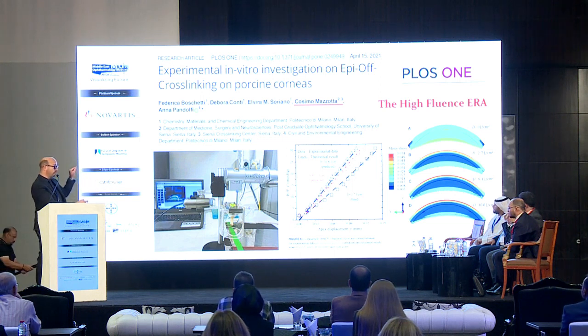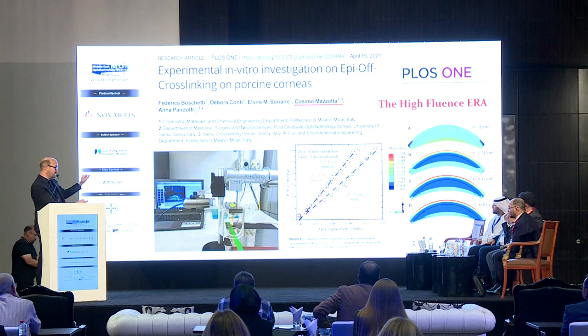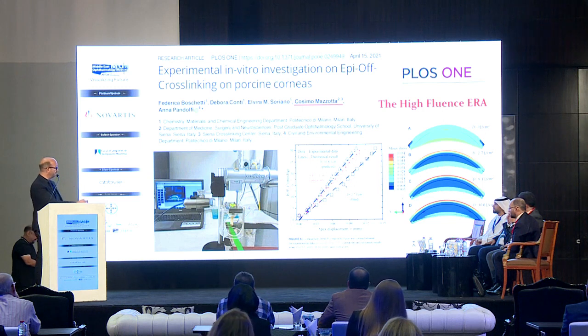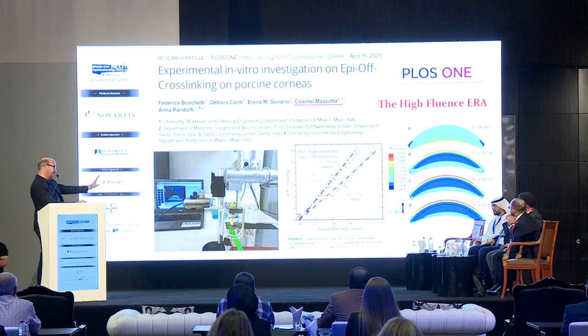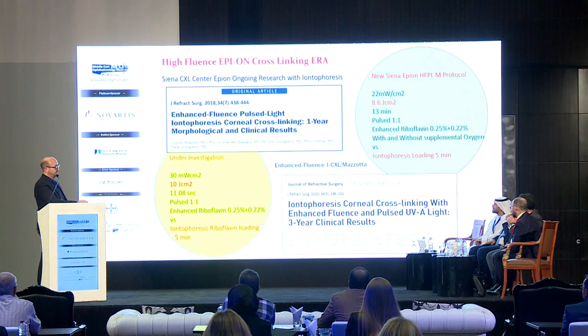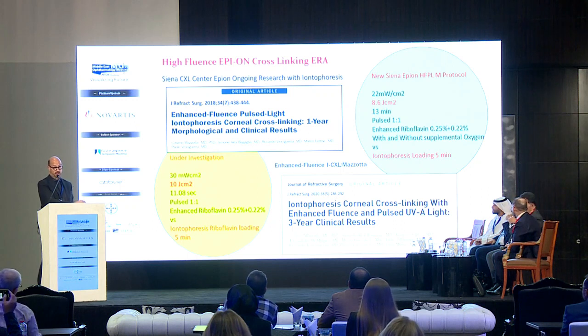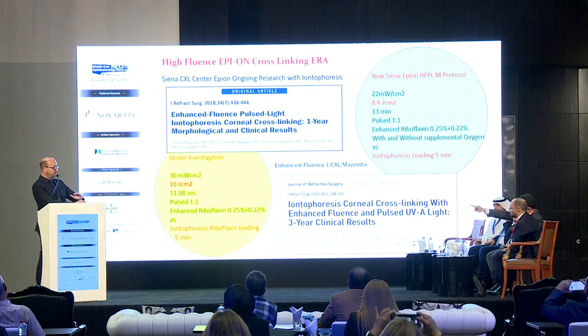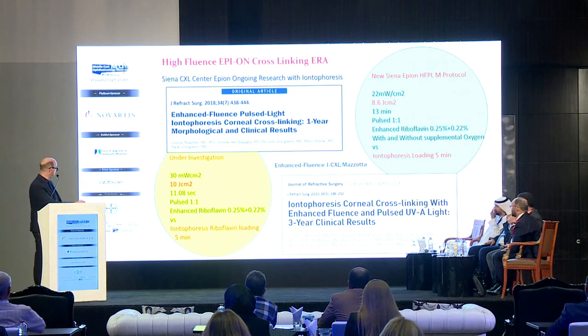These are finite element analysis biomechanical studies that we did at the Politecnico di Milano University this year. So this is a definitive demonstration that we need to work at 10 joule. The ongoing studies, yes, we are studying now. We are testing everything. We are testing with iontophoresis, without iontophoresis, and with oxygen and without oxygen.